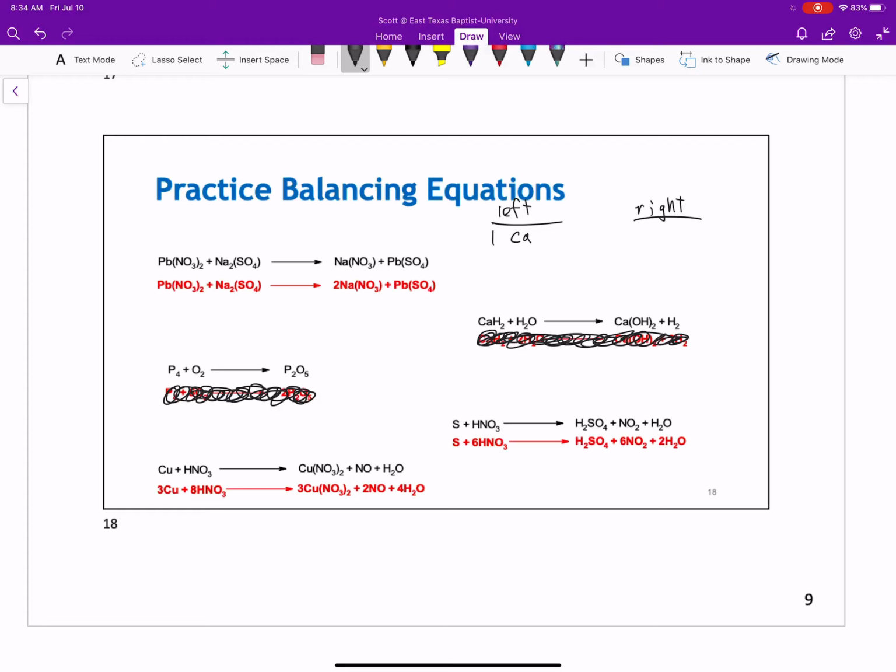We have 2 hydrogens from the calcium hydride, and 2 hydrogens from the water, so that's 4 total H's. And then we have 1 oxygen. On the right-hand side, we have 1 calcium. From the hydroxide polyatomic ion, we have 2 oxygens and 2 hydrogens, and so that gives us 4 total H's, okay, and 2 O's. And hopefully that's the same tally you came up with.